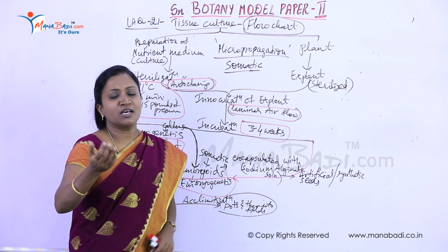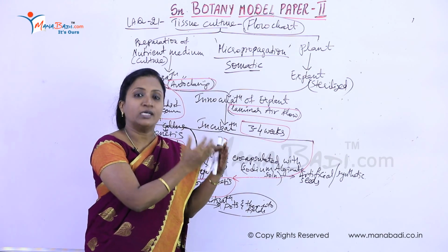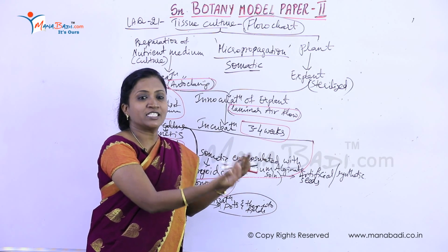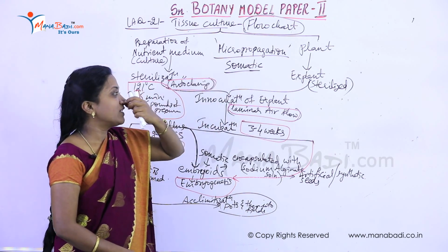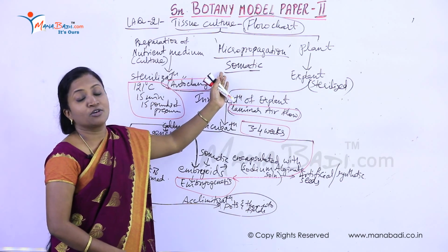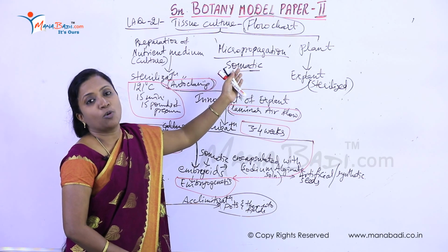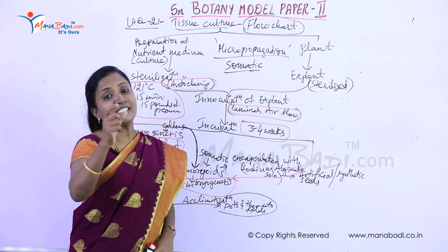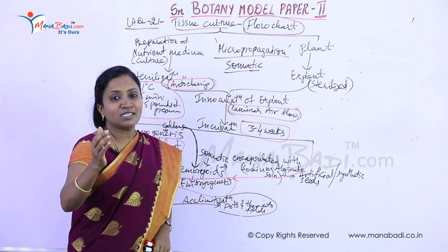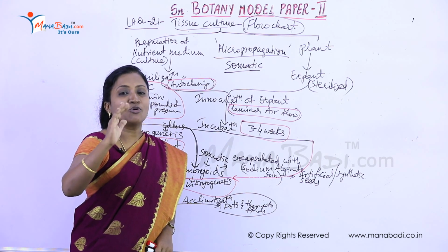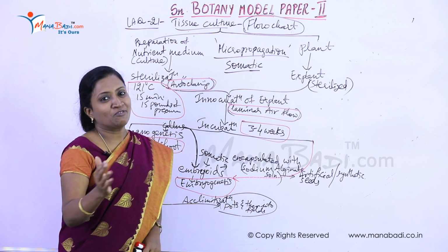Clone refers to being exactly identical to the source plant from which it was taken. So micro propagation is useful, and it is also useful in producing somaclones. And meristem culture is very important, because if meristem is taken, it is totally microbe free. So that comes to the end of tissue culture.